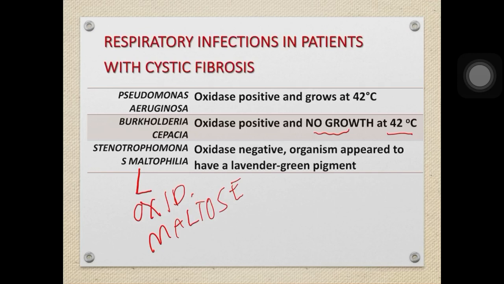Pseudomonas aeruginosa. Paano naman po i-differentiate si Stenotrophomonas maltophilia from Pseudomonas aeruginosa and cepacia? Unlike the two Pseudomonas, si maltophilia po is oxidase negative. And the organism appears to have a lavender green pigment.